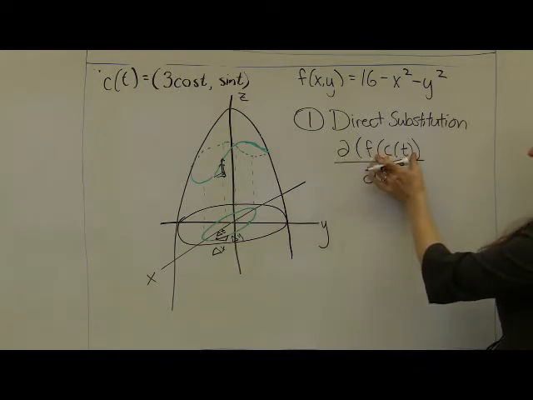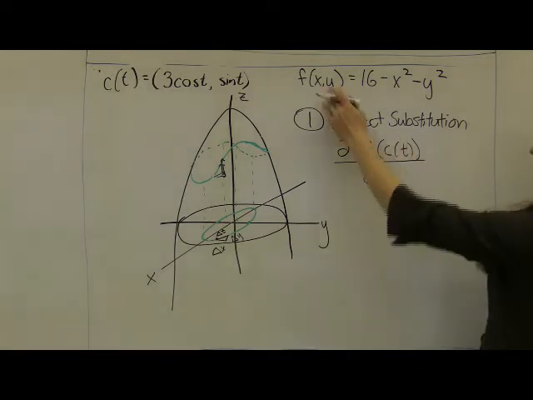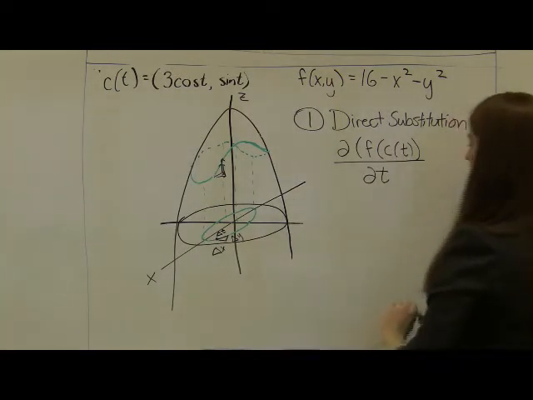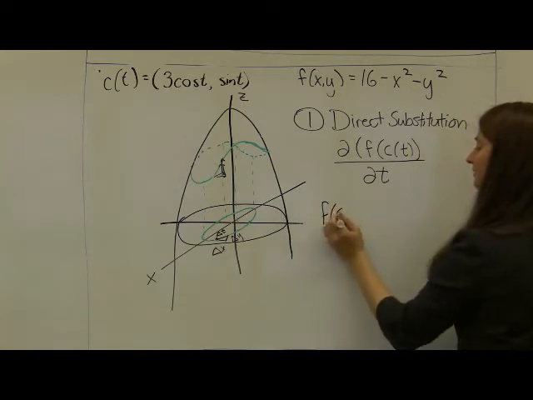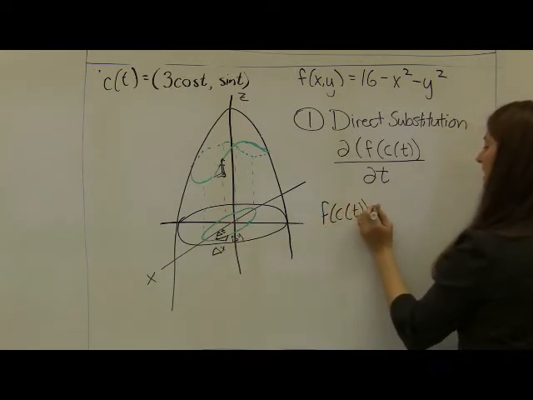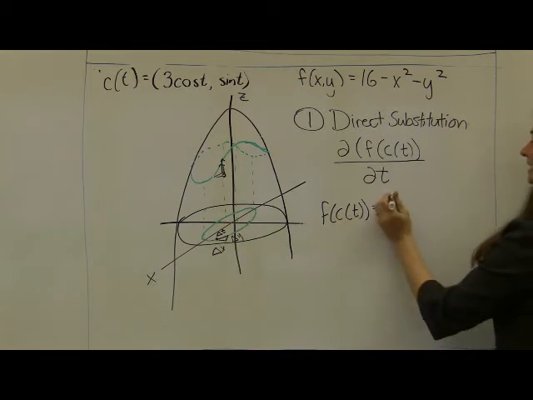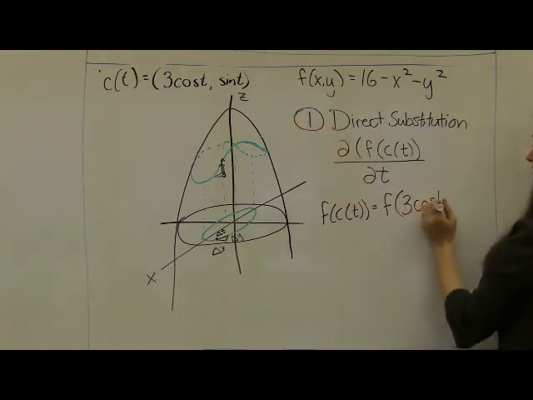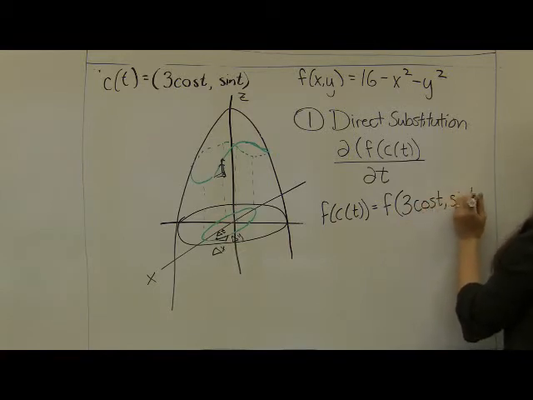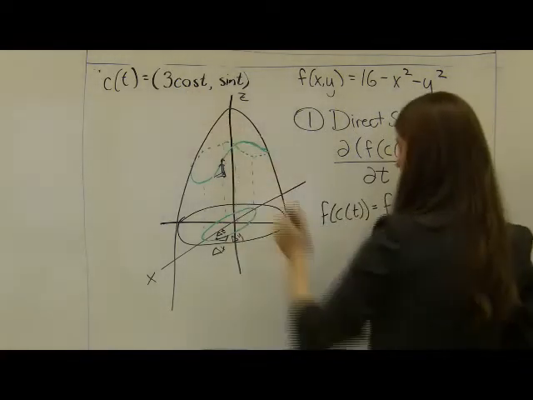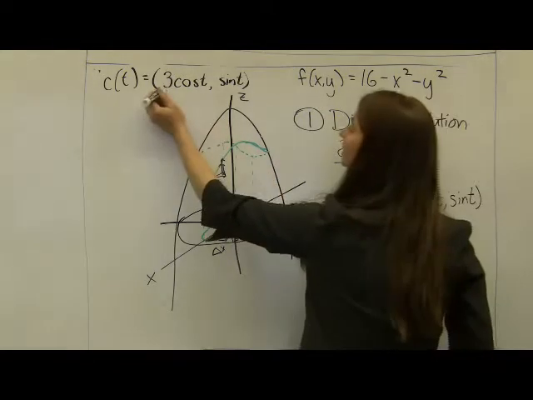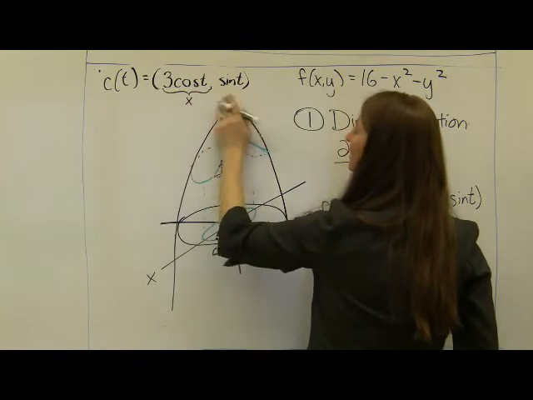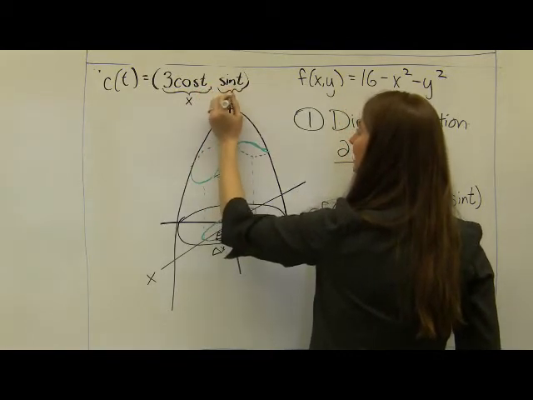f of c of t is a composition of these two functions, and I can go ahead and solve for that. I'm just taking my c of t function and plugging it into f. My c of t function is given by (3 cosine t, sine t). Recall that 3 cosine t is my x component, and sine t is my y component.